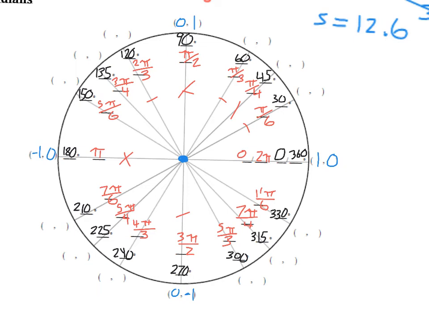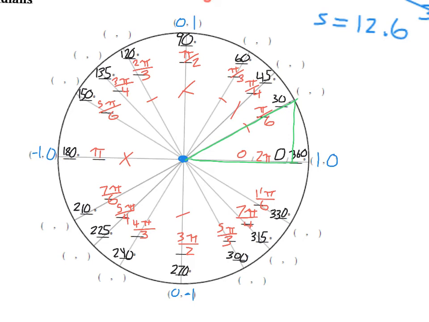Alright, now recall special right triangles from 12.1. So if you're trying to figure out the other coordinates, envision a special right triangle.